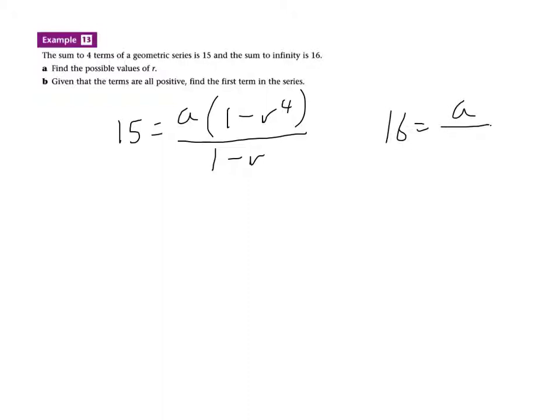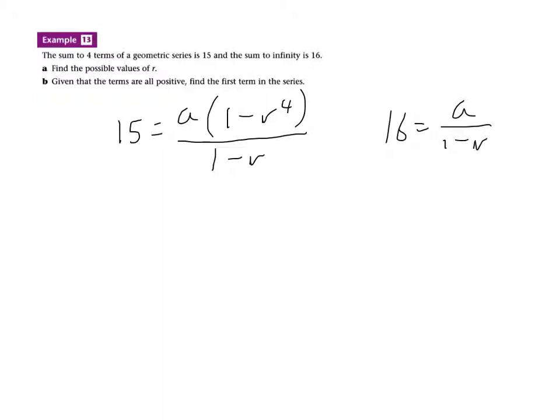Well, 15 therefore is the first term, a, brackets 1 minus r to the 4 over 1 minus r. But at the same time, we know the sum to infinity, which is 16, must be a over 1 minus r.